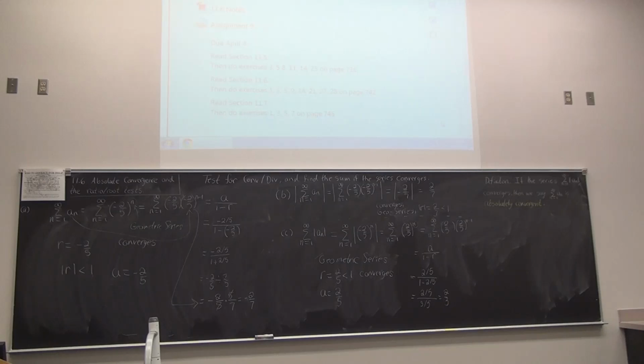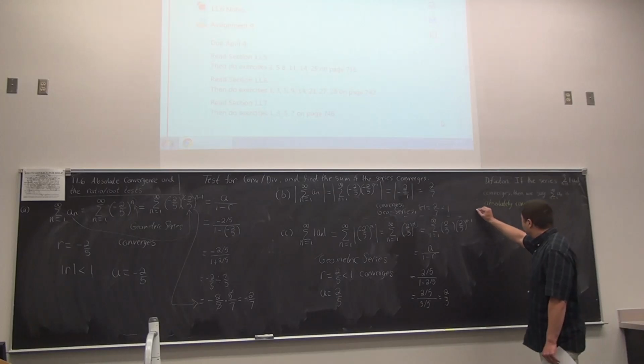Okay, so the major idea with absolute convergence is that if we're trying to test a series from convergence or divergence, and some of the terms are negative, but it doesn't alternate, or possibly all of the terms are negative, then we just need a new test. And this is our new test. Well, we can call this, say, a theorem.